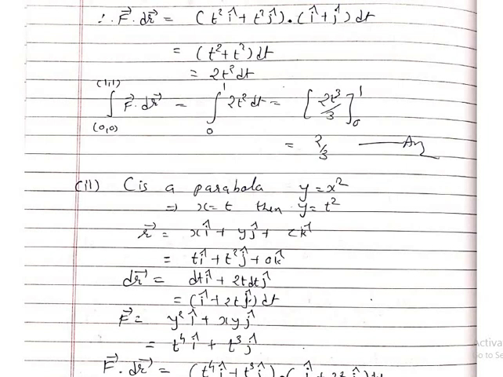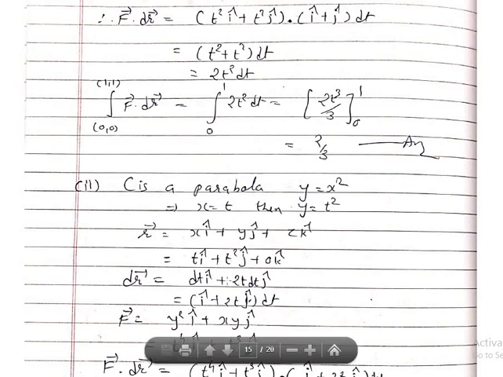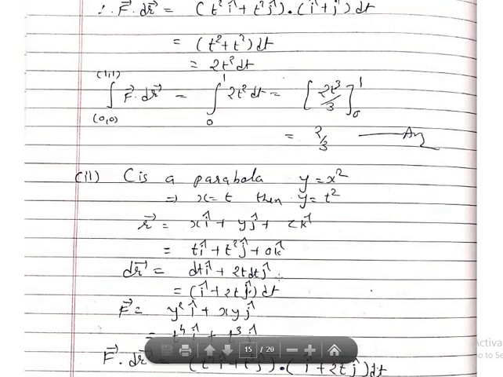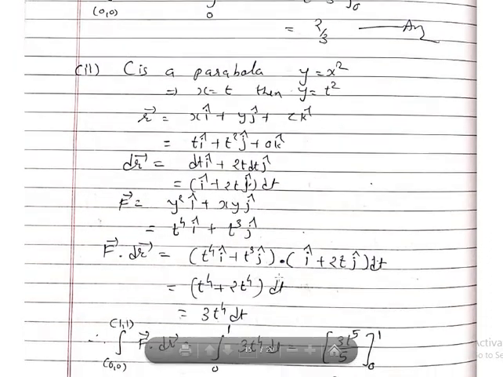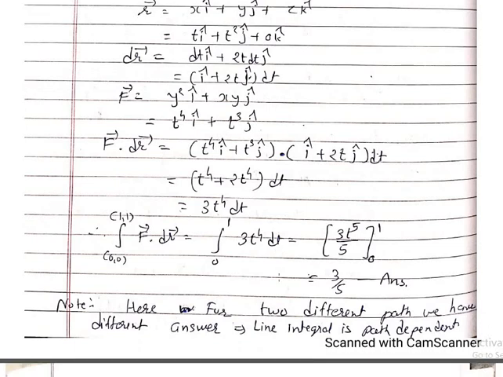Again, the parabola lies inside the xy plane, so the z coordinate will be 0. x is equal to t, y is equal to t square, and therefore dr is equal to dt i plus 2t dt j. Common out dt, and that will give you (i plus 2t j) dt.